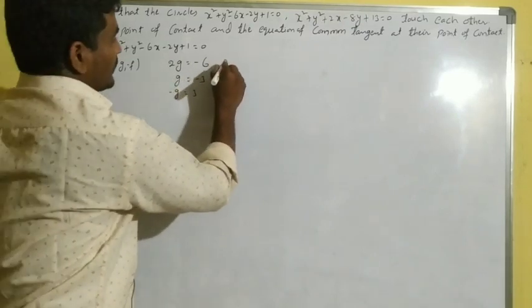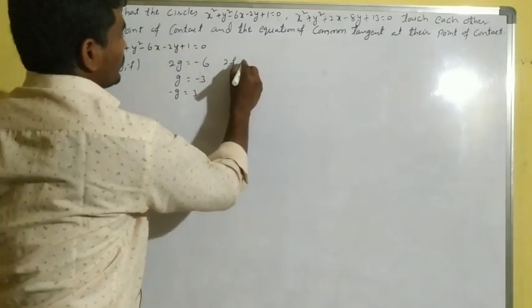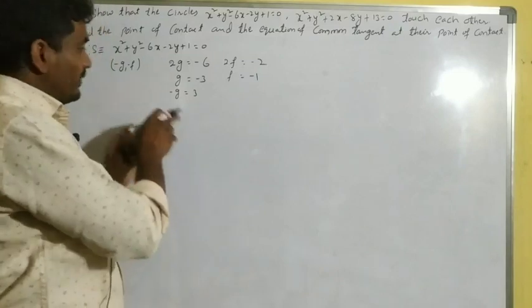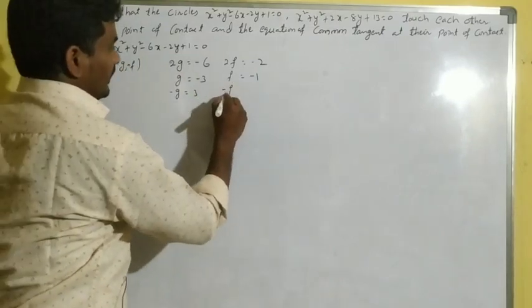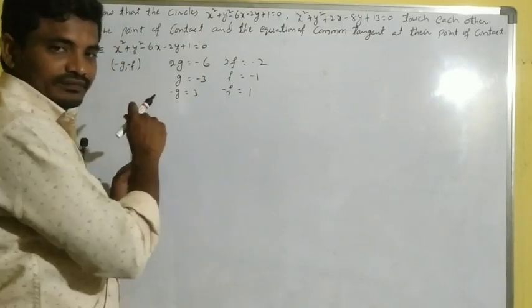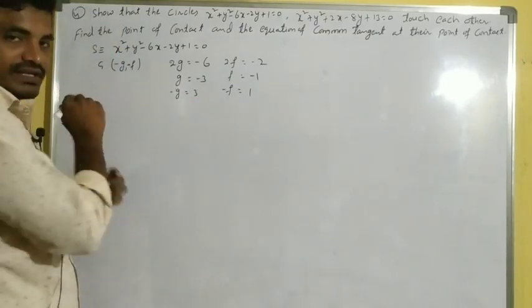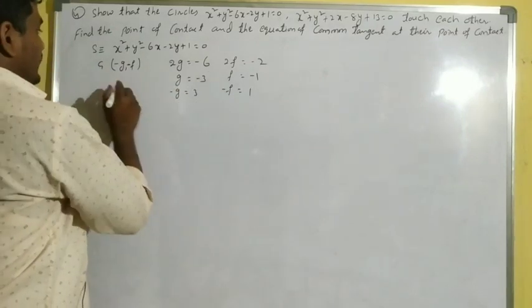Similarly, 2f equals minus 2, f equals minus 1, but we need minus f, so minus f equals plus 1. So the first circle's center C1 equals 3 comma 1.